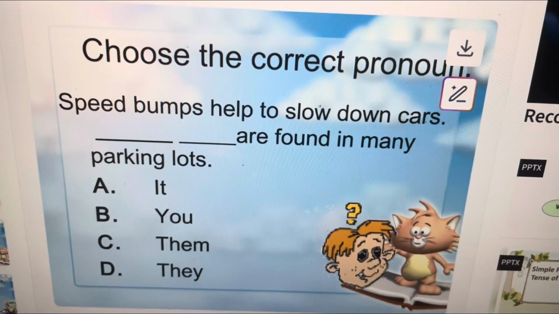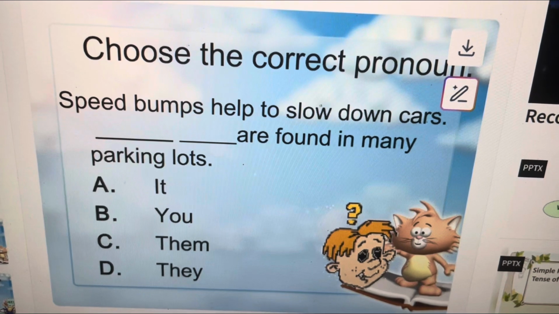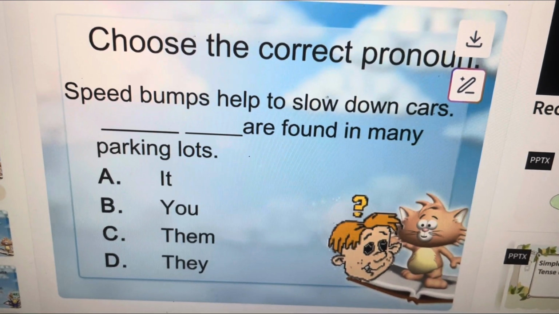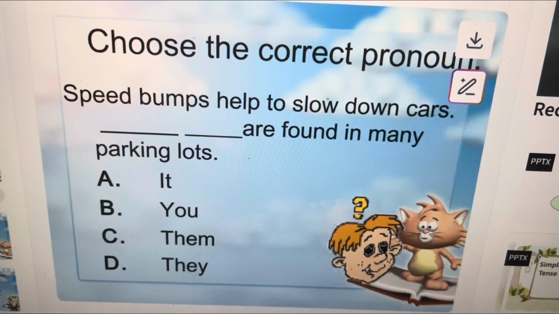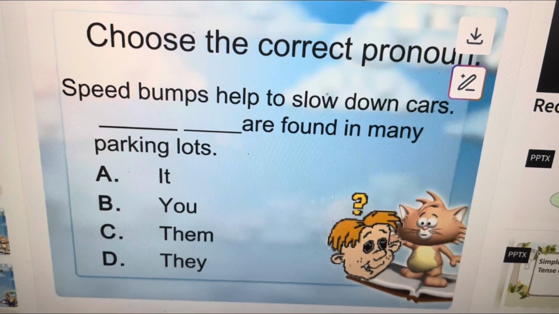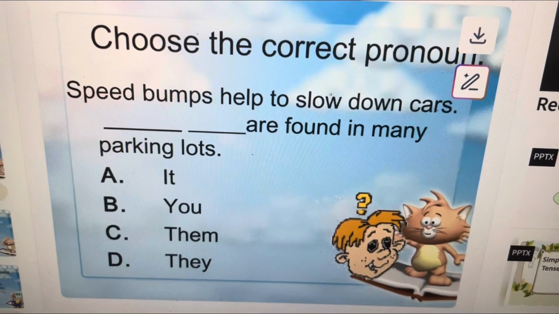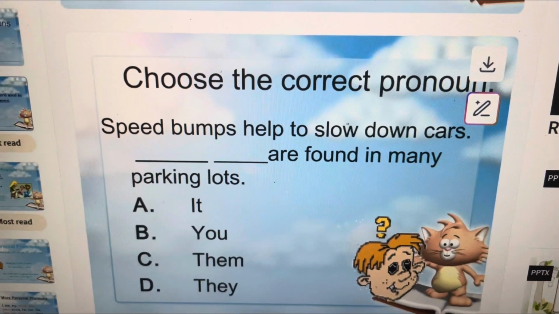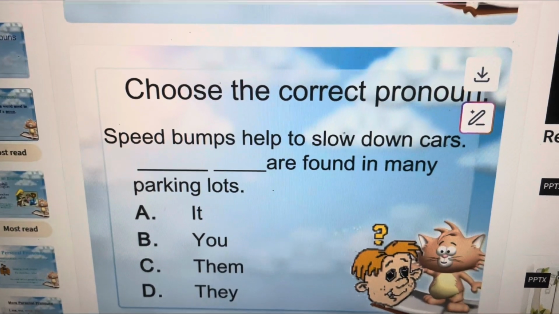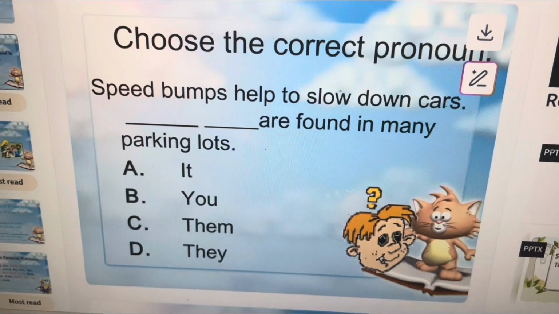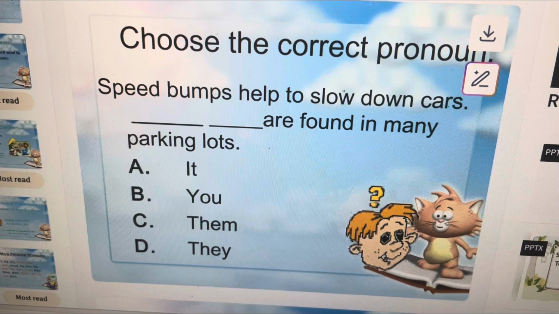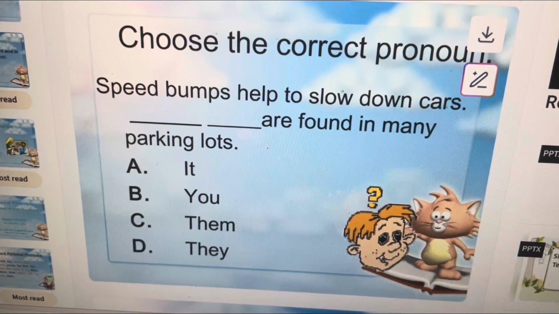Next example, choose the correct pronoun. Speed bumps help to slow down cars. You know what speed bumps are, children? On the road, they make a slightly raised part, which reduces the speed. So speed bumps help to slow down cars. Dash are found in many parking lots.